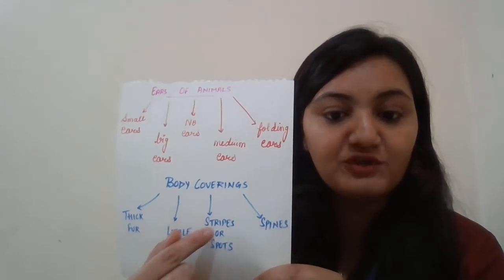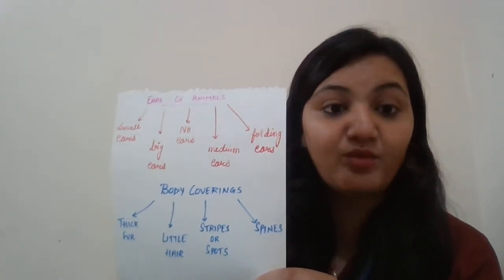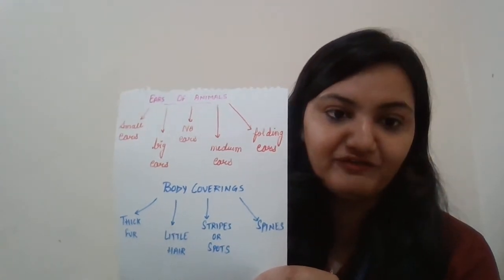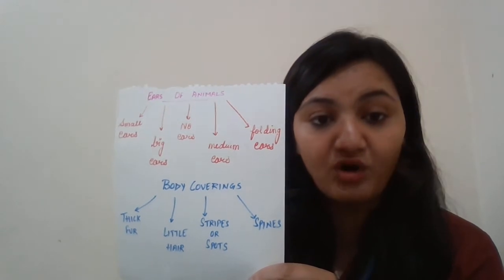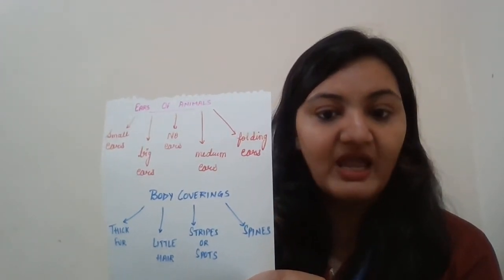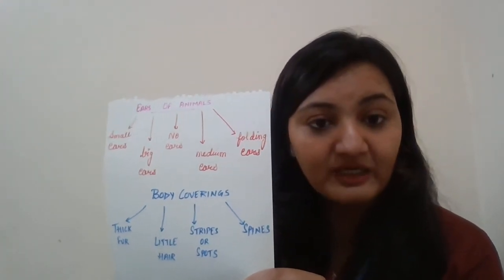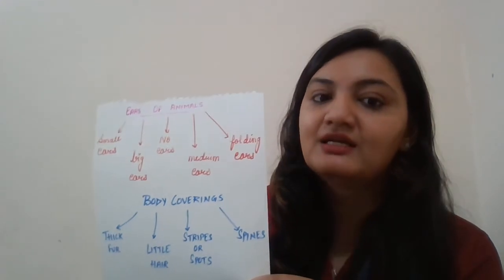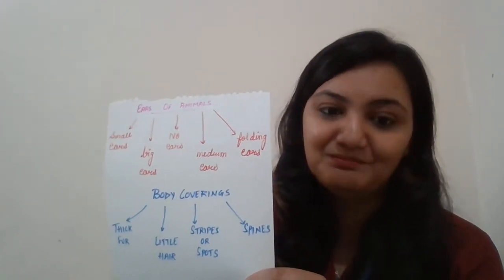Then there are stripes or spots. We have seen that the zebra has stripes, and there are spots on the body of the tiger in a different pattern, and the leopard also. These stripes and spots help them camouflage as per their surroundings. In the case of prey, they help them hide from their predator, and for predators, these spots and stripes help to find their prey.